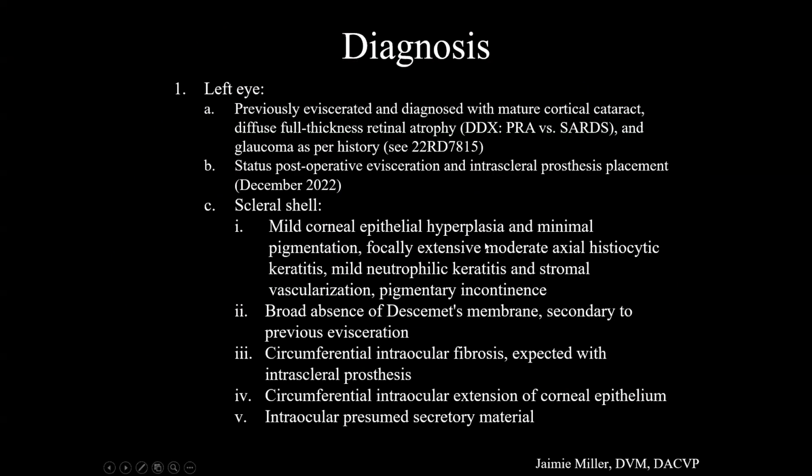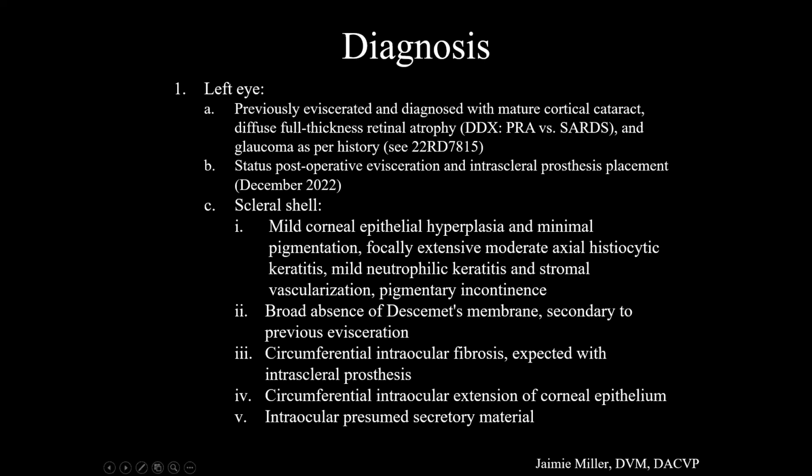So most of the stuff at the top is a recap from the first case that I showed with the evisceration sample, and that they did the intrascleral prosthesis. And then we just have those different changes in the cornea, the inflammation and hyperplasia and pigmentation.